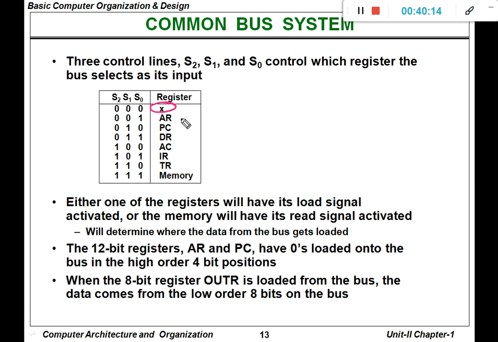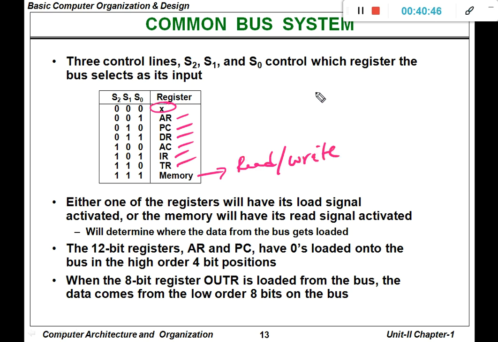For 001 we load the address register. For 010 load PC. For 011 load DR. For 100 load accumulator register. For 101 load IR. For 110 load temporary register. For 111 perform memory operation, which means either a read operation or a write operation.